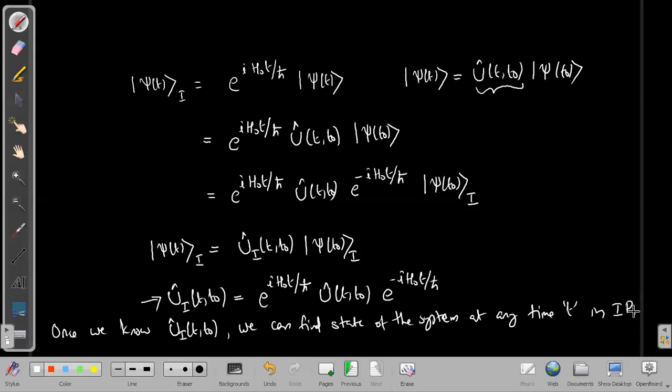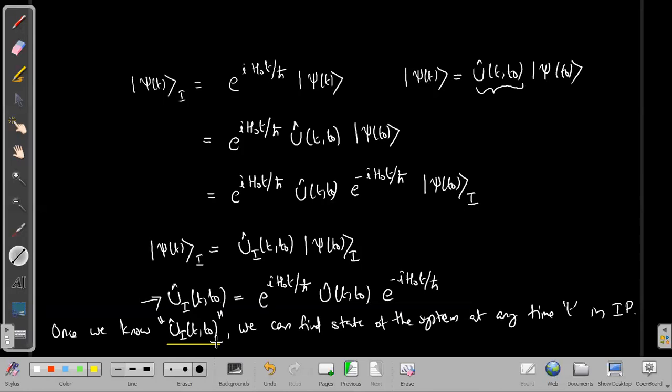So now our question comes to this point. Now in order to know the state of the system at any time t, the thing is I want to know the structure of ui. Note that till now I have not used any kind of approximation.